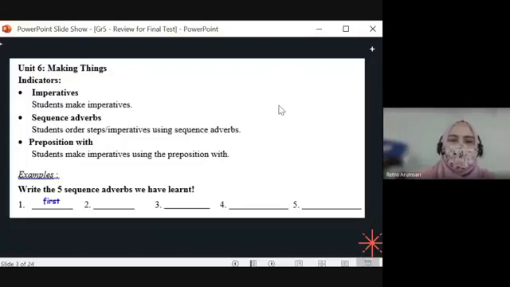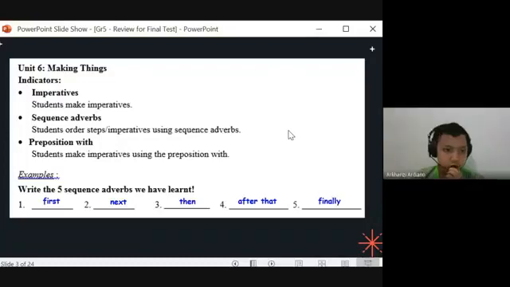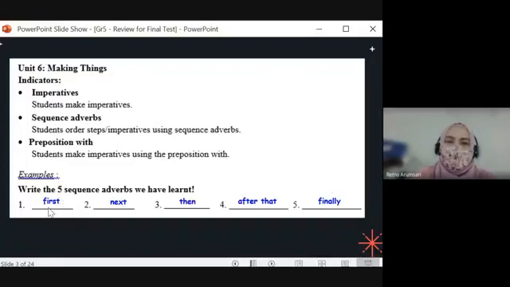First, next, then, after that, and the last one, finally. So the first step is always first, and the last step is always finally.